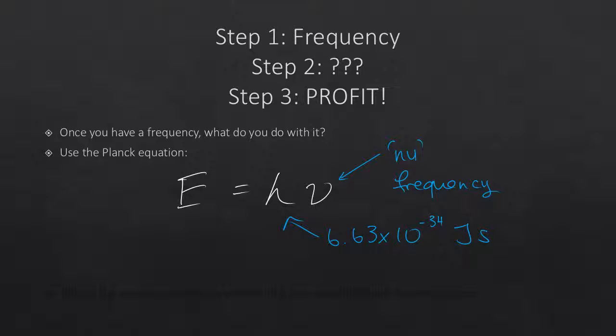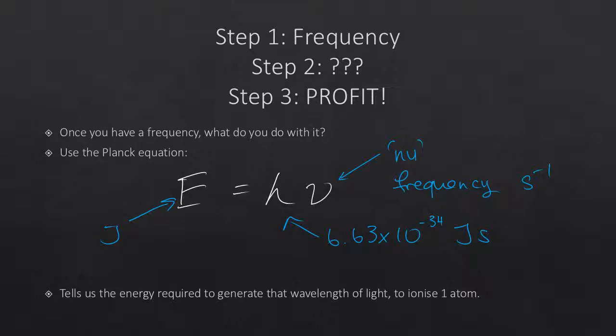Now frequency is per second, and this energy here is in joules. So this is basically our way of converting between frequency of light and the energy of that photon. So this is the energy required in joules to generate a photon at that particular frequency.